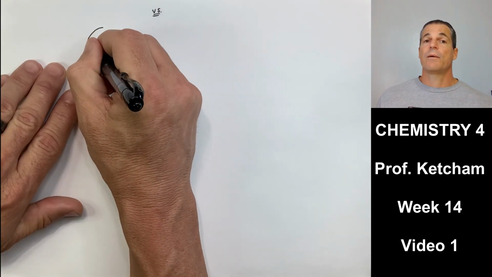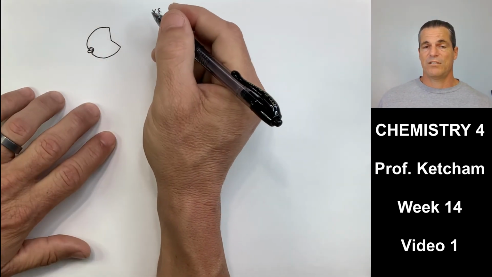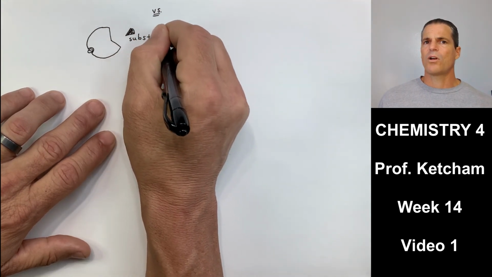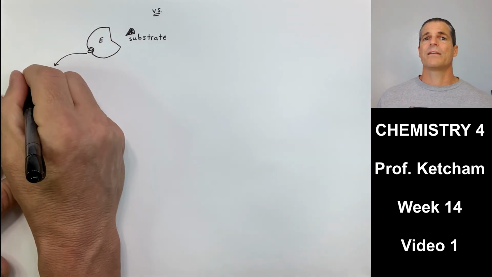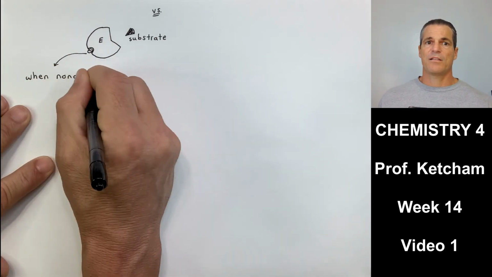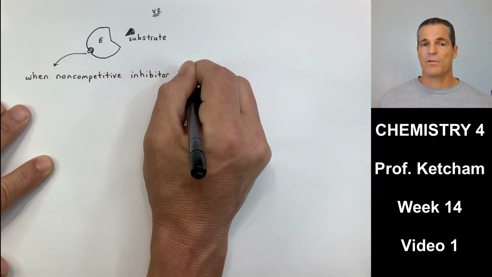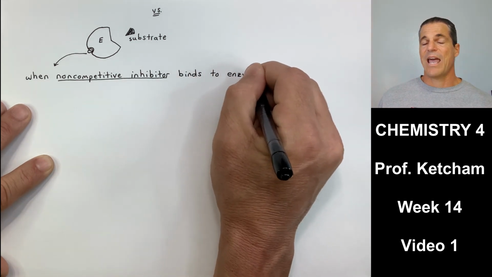All right, so I'm drawing it now. Here we have the non-competitive inhibitor bound to the enzyme, and look, the enzyme active site looks totally different. It's much more wide open. It's like Pac-Man opening his mouth really, really wide. You see how the substrate no longer fits properly? So that's non-competitive inhibitor preventing a substrate from binding to the enzyme's active site.